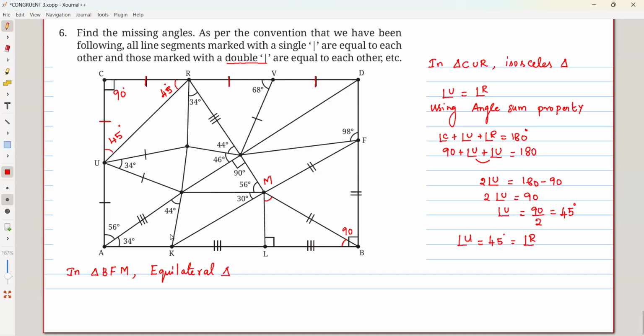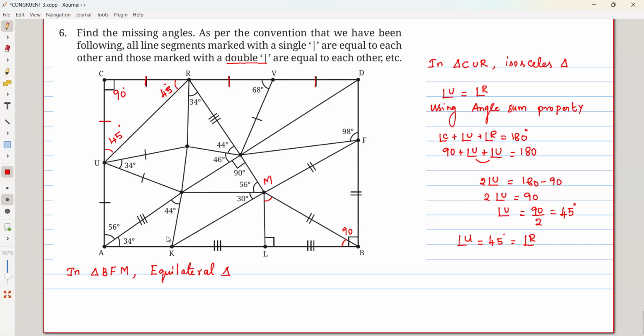Sir, everything will be 90 degrees? 90 plus 90 plus 90? No. So all the three angles, 180 divided by 3. 180 by 3 is 60, right?